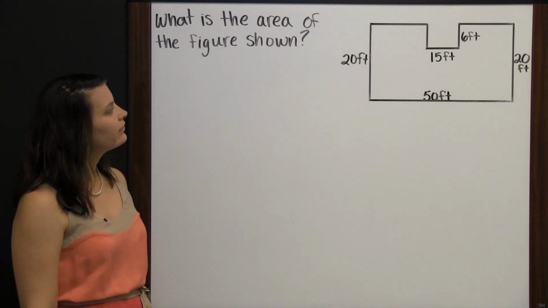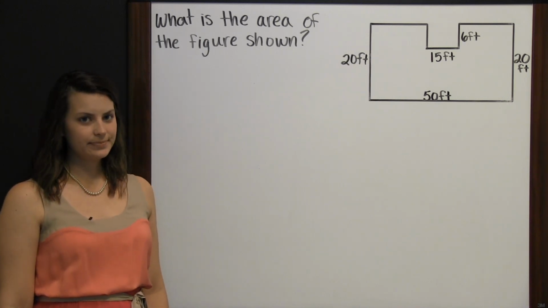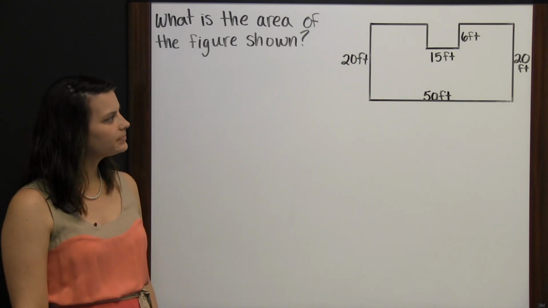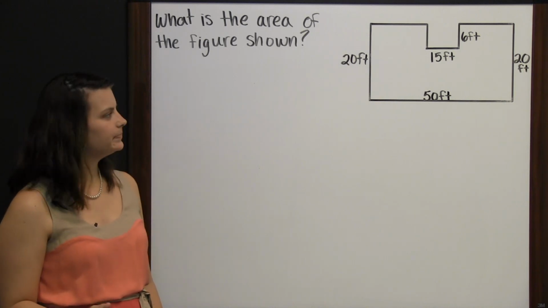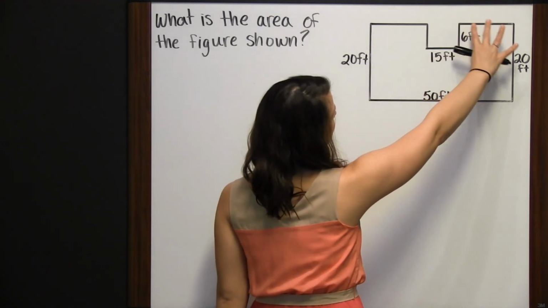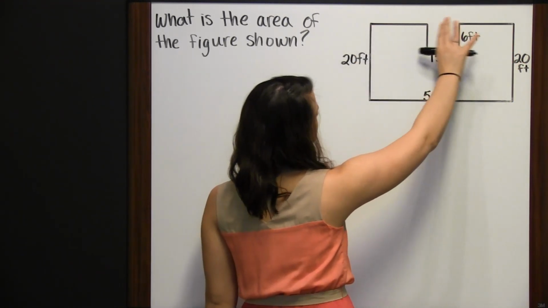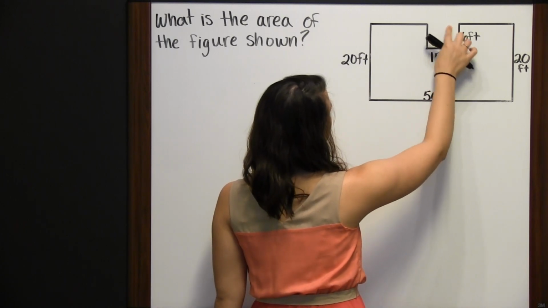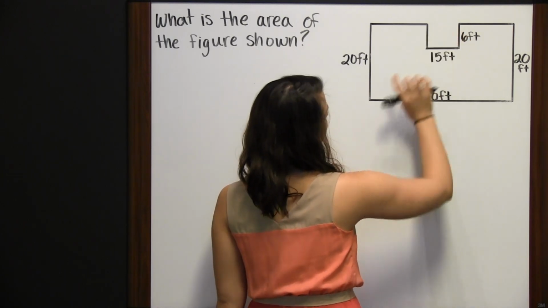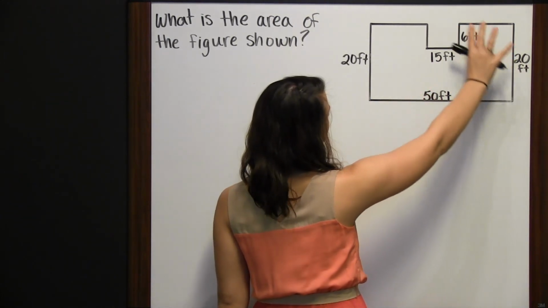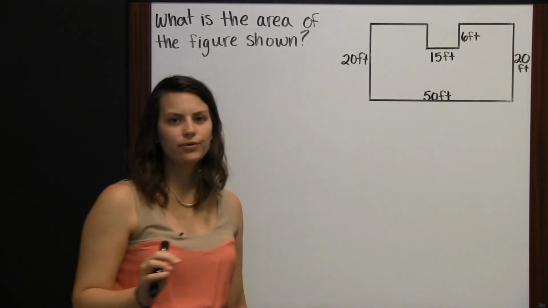What is the area of the figure shown? Well, there are a few different ways you could approach this problem, but I'm going to show you one. And that is to first find the area of this whole rectangle, and then simply to subtract the area of this rectangle here, since that's the only part that's missing out of this large rectangle.